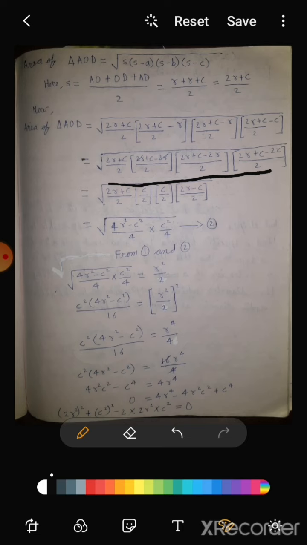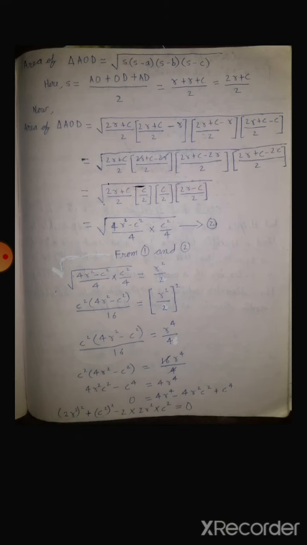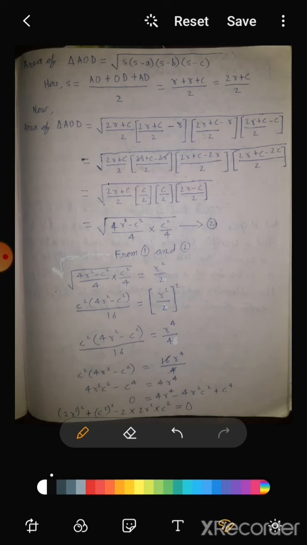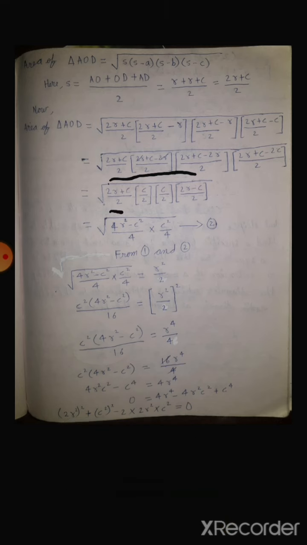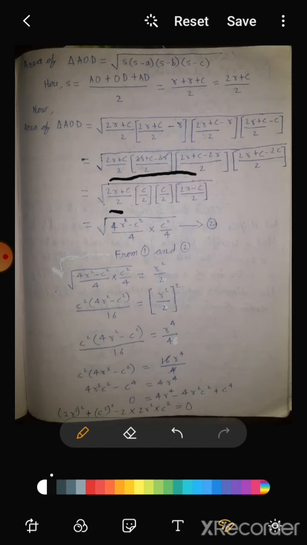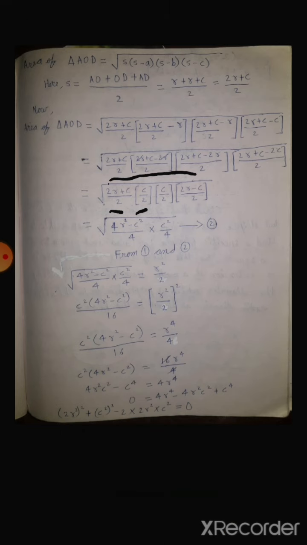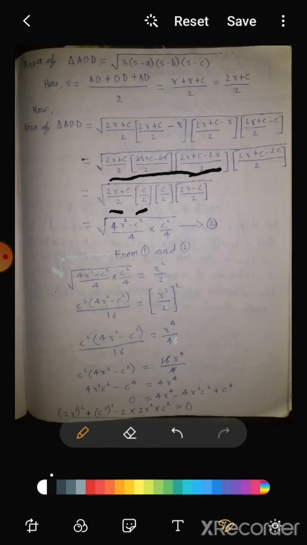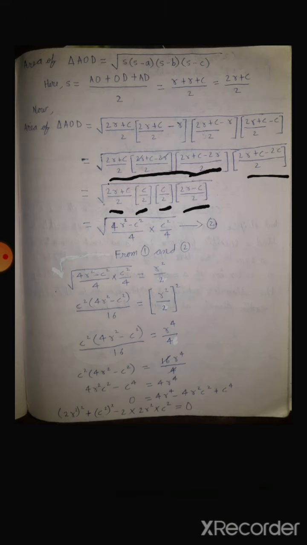Next is this step, which will give you 2R plus C by 2 as usual. 2R plus C minus 2R by 2 will give you C by 2, and the next one, 2R plus C by 2 minus 2R, will give you again C by 2, and this step, 2R plus C minus 2C by 2, will give you 2R minus C by 2.